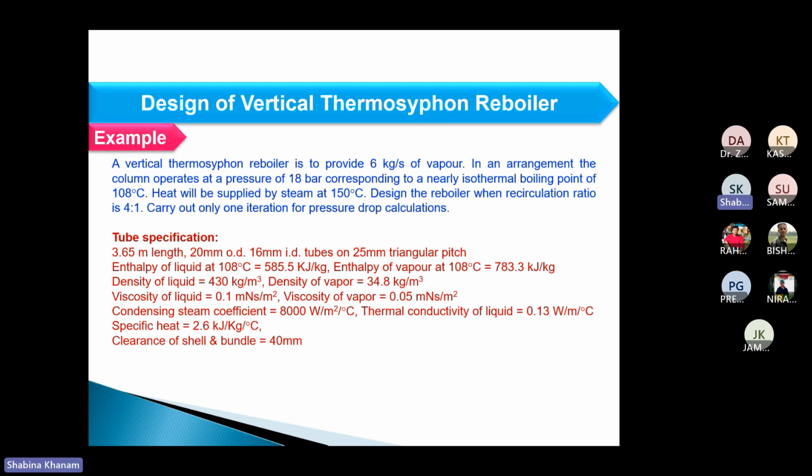Next, we are given the thermal conductivity of the liquid, 0.13, and specific heat, 2.6 kilojoule per kg degree Celsius, and the clearance between shell and bundle, that is 40 mm. So all these parameters are given to you, and we will see how to design the vertical thermosiphon reboiler.